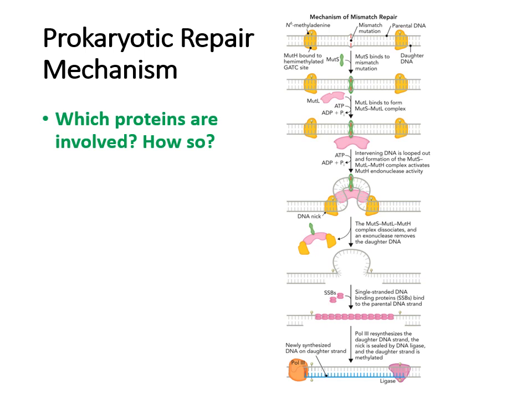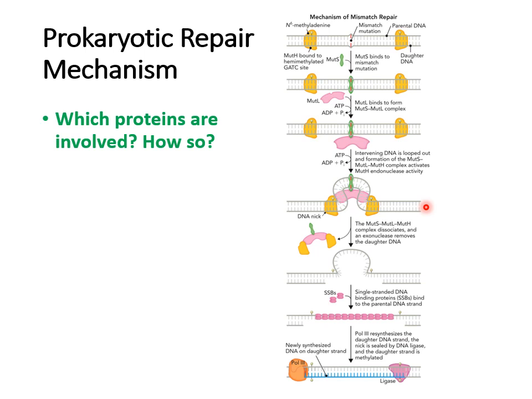So, over here, when we have the prokaryotic mismatch repair mechanism, the proteins involved are going to be what I call the MutS, MutL, MutH complex. So you'll see MutS, you'll see MutL, and they form the MutS, MutL, MutH complex for mediating that mismatch repair.